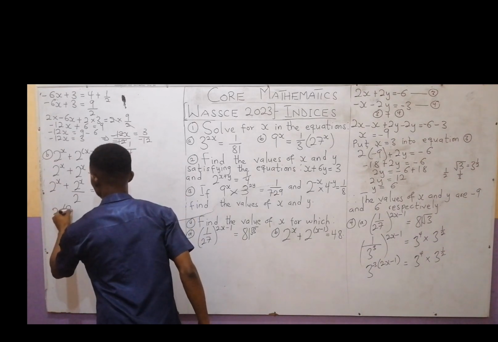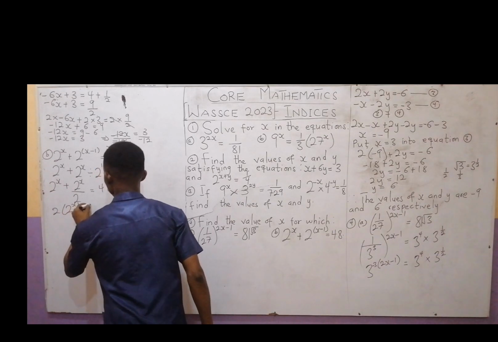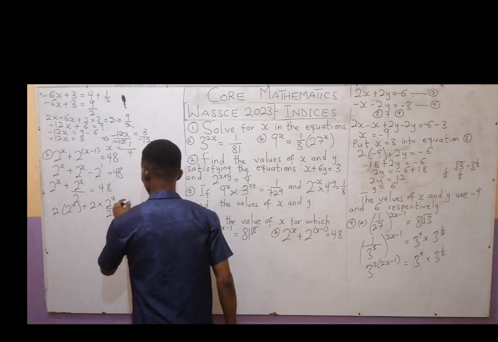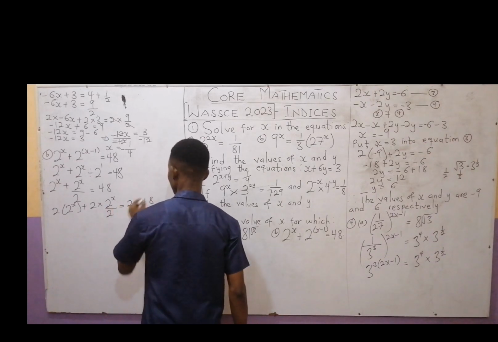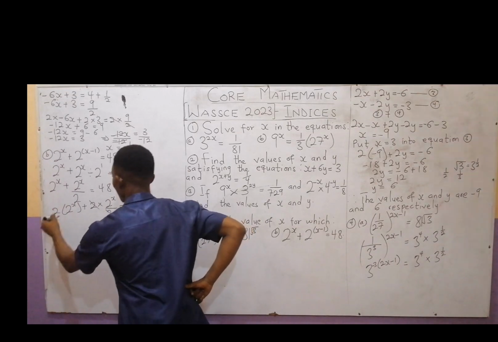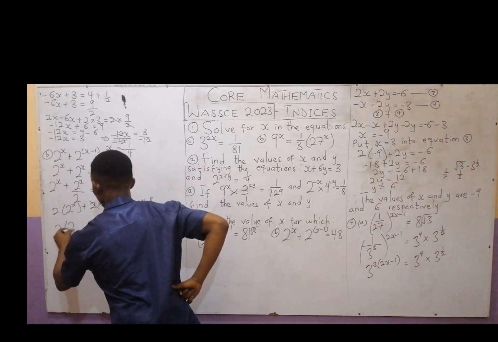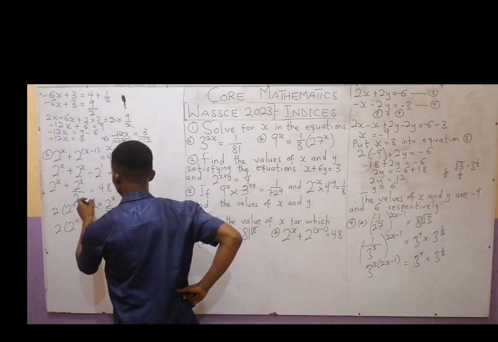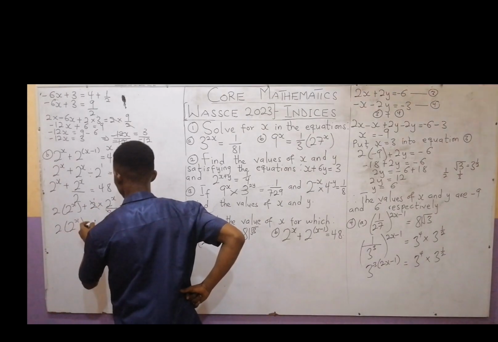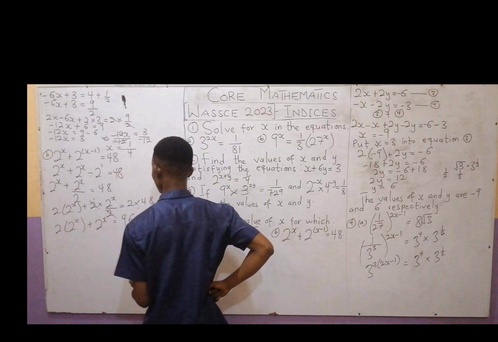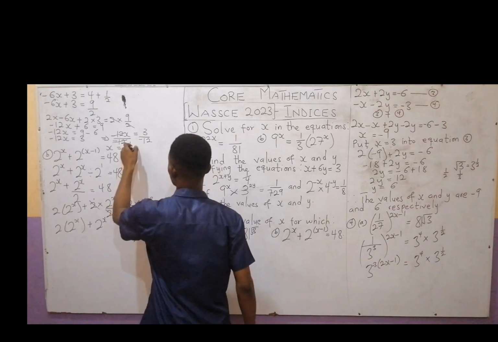So 2 times 2 power x plus 2 times 2 power x over 2 is equal to 2 times 48. So 2 cross out 2. Now I have 2 power x plus 2 power x. 2 times 48 will give me 96.